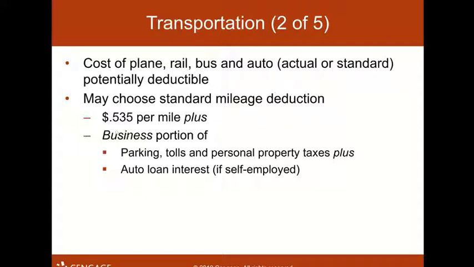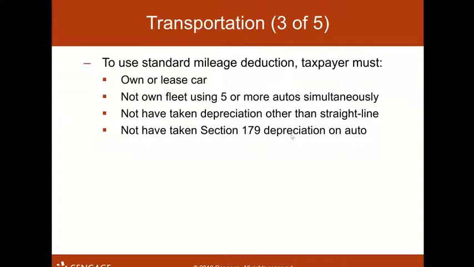If the taxpayer chooses the standard method for deducting the cost of transportation, we have a rate here. This is the standard rate per mile, which is 0.535 dollar per mile plus business portion of parking, tolls and personal property taxes plus auto loan interest if self-employed. So this is mainly the rule for the standard deduction. When can the taxpayer use the standard mileage deduction? There are some conditions here.